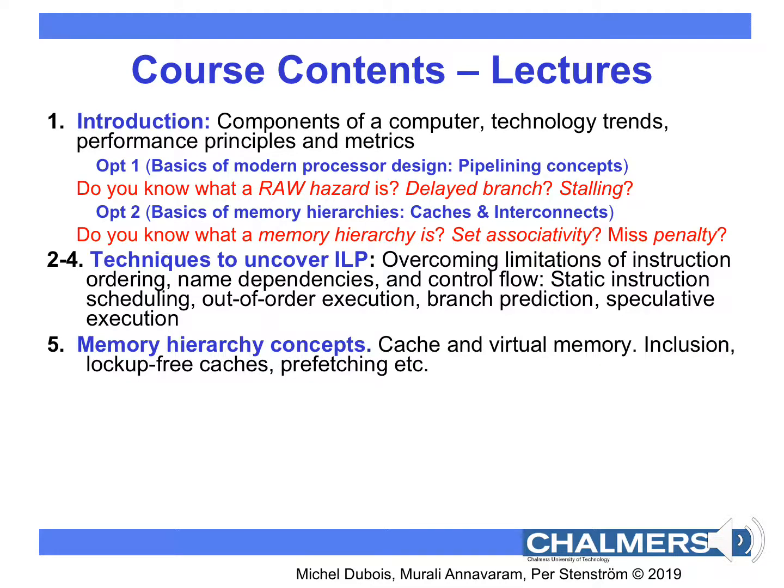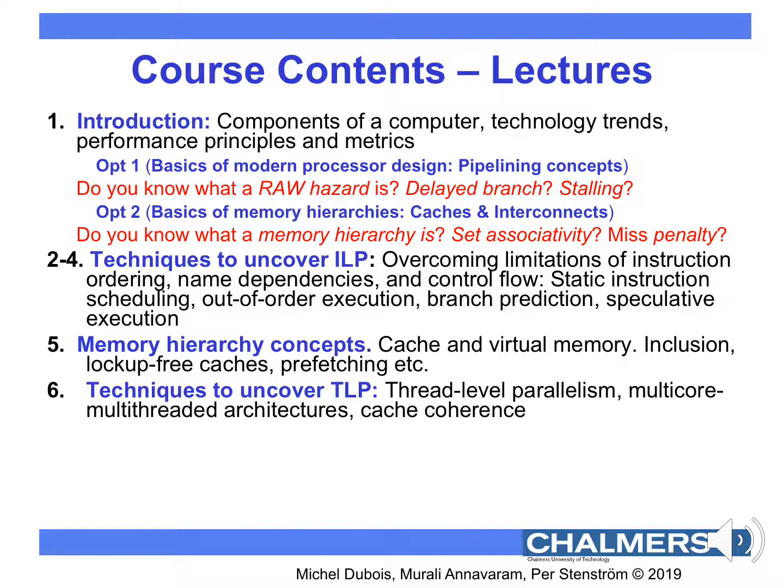Then lecture 5 is on memory hierarchy concepts, where we learn about new concepts to improve the performance of caches: inclusion, lockup-free caches, prefetching, etc. And then lecture 6 is on multi-core architectures, where we'll learn about how to actually use parallelism to hide memory access latency in terms of multi-threaded architectures.